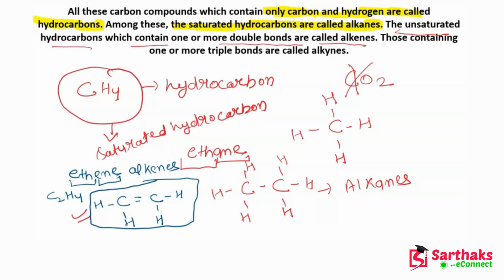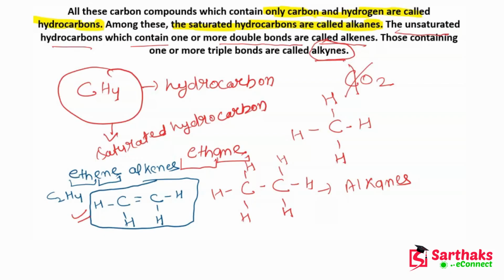Now let's talk about the alkynes. I hope most of the students have got this idea of what alkynes are. Those compounds which contain one or more triple bonds are known as alkynes. Let's talk about ethyne.